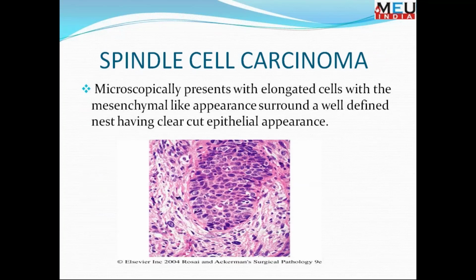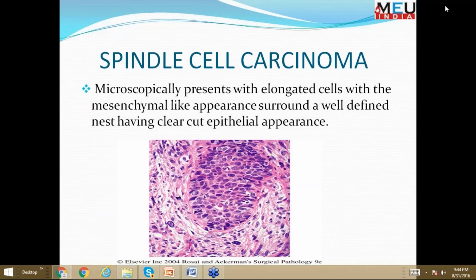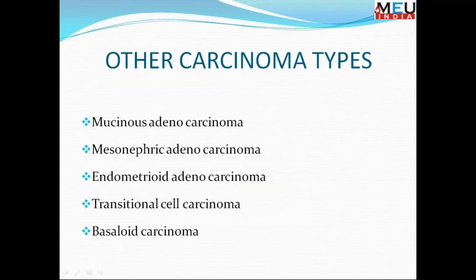The spindle cell carcinoma microscopically presents with elongated cells with mesenchymal-like appearance surrounding a well-defined nest having a clear-cut epithelial appearance. The other carcinoma types are mucinous adenocarcinoma or mesonephroid adenocarcinoma, endometrioid adenocarcinoma, the transitional cell carcinomas, the basaloid carcinomas.